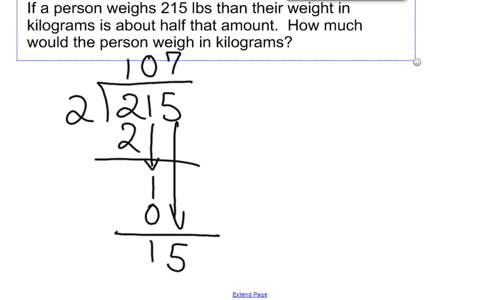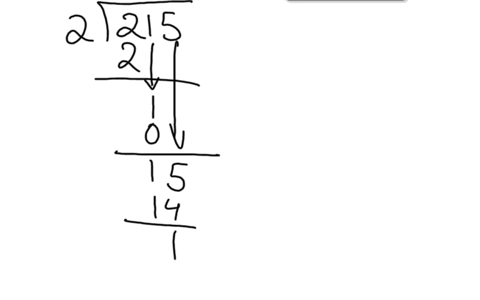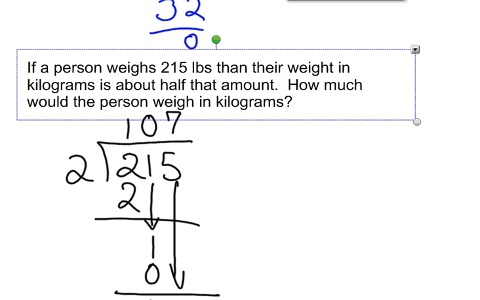And we're going to get 14. I'll extend the page one more time, and we're going to get a remainder of 1. And here's our technical answer. It'd be 107 pounds, remainder 1.